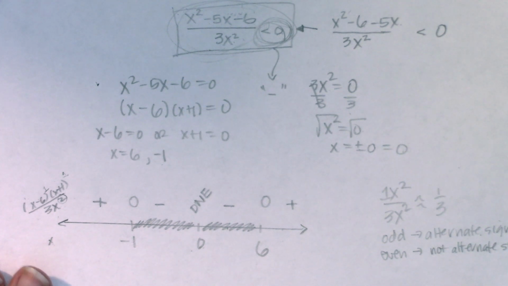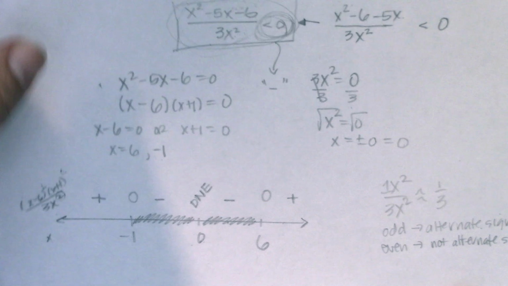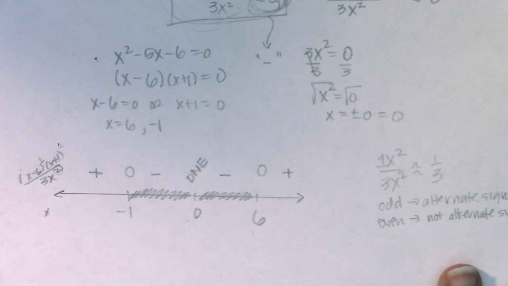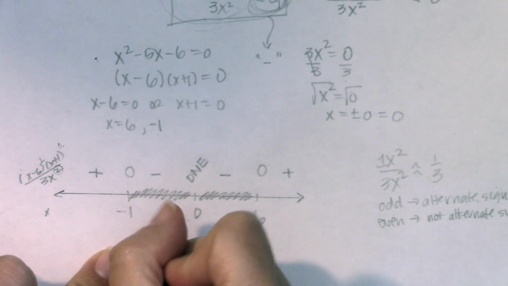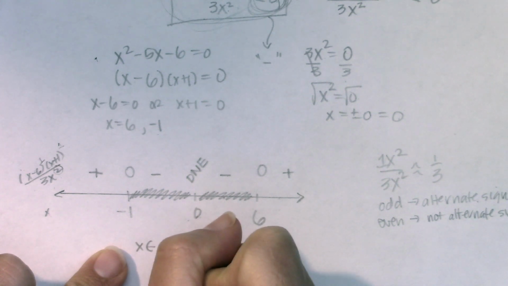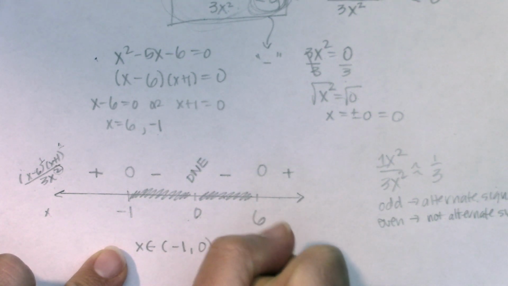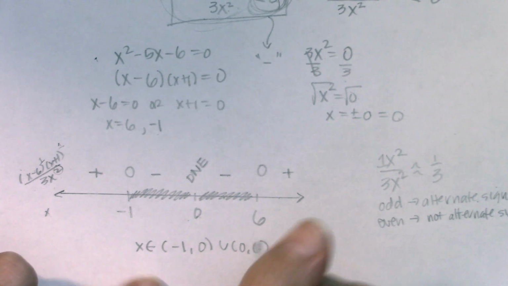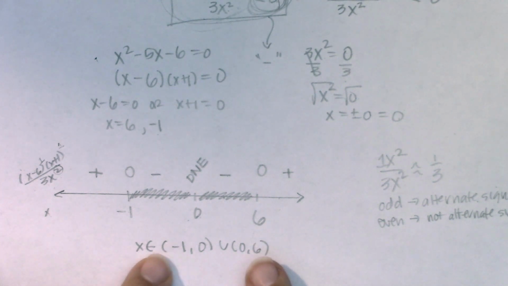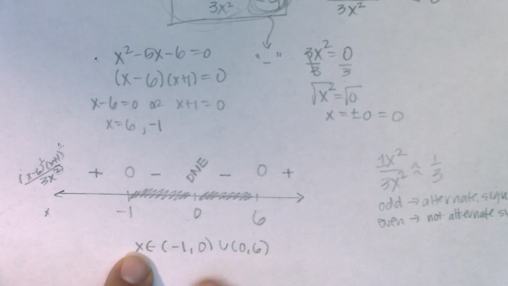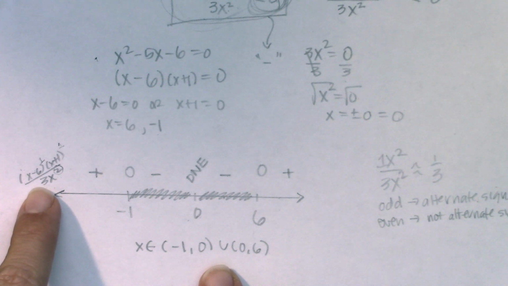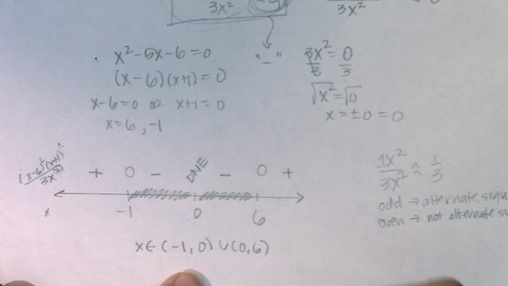I'm going to scooch this up just a wee bit. My answer here is going to be all of the x values between negative 1 and 0, and then 0 to 6. I'm going to put parentheses on these ends because it was strictly less than 0. I have to remove x equals 0 because that makes my fraction undefined, and I can't include 0 in the answer.